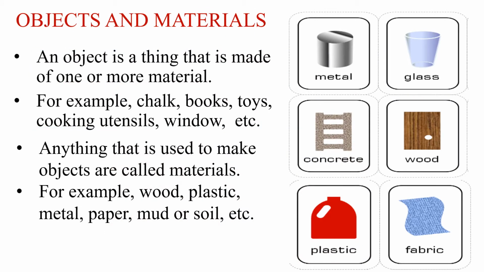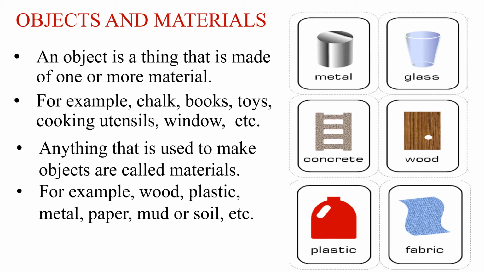To understand the chapter, it is very important to know what objects and materials are and how they are different from one another. An object is a thing that is made of one or more materials.